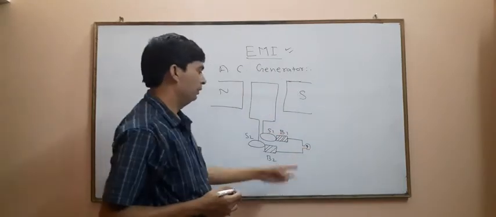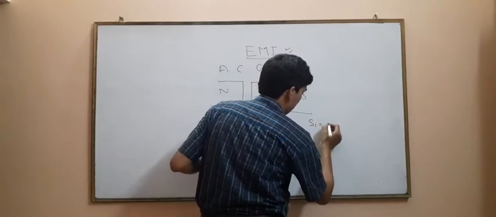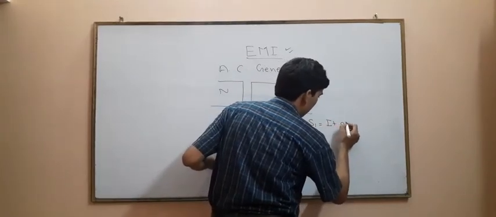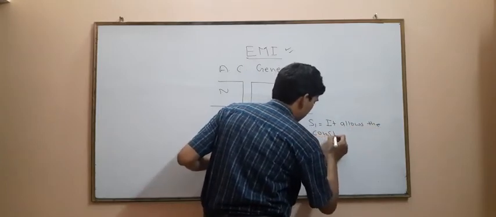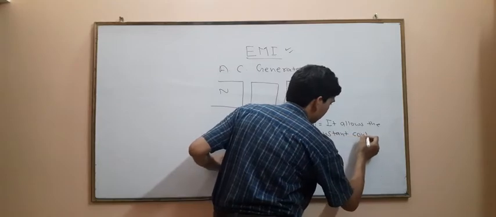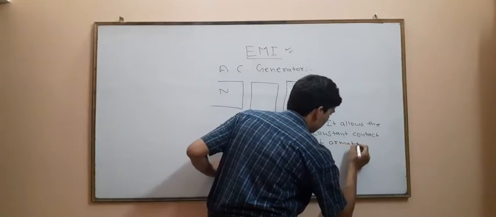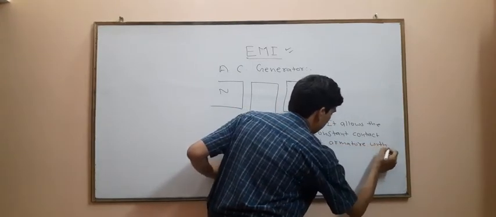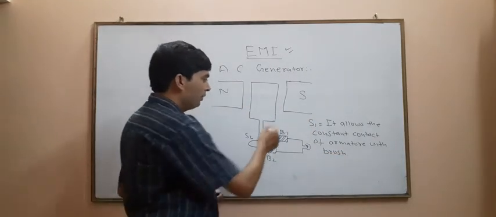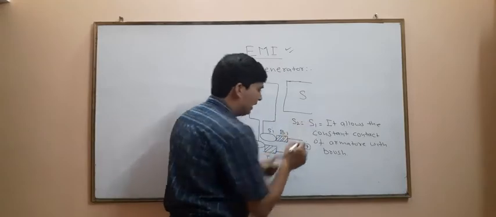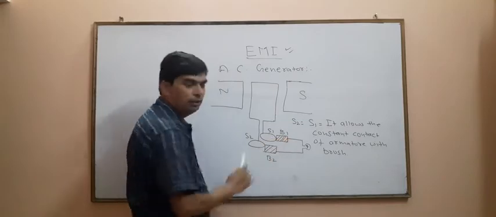What is the function of the slip ring? S1 and S2 both allow the constant contact of the armature with the brush.